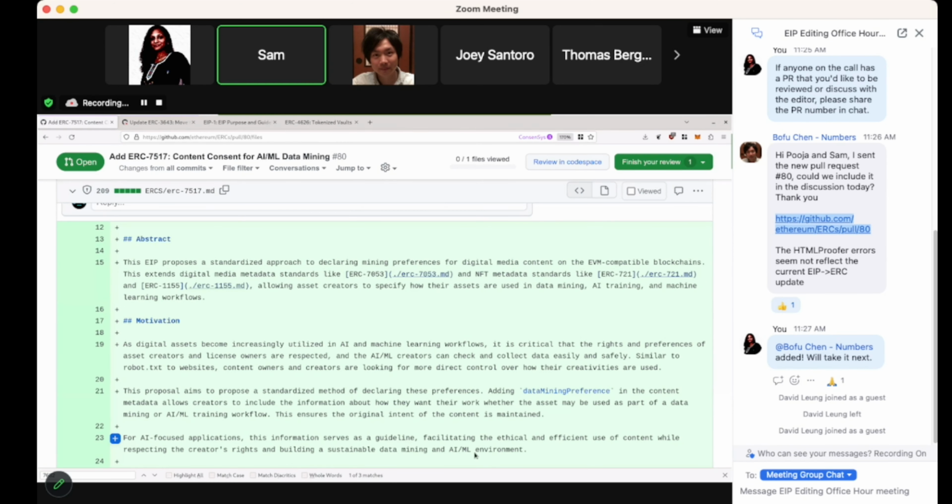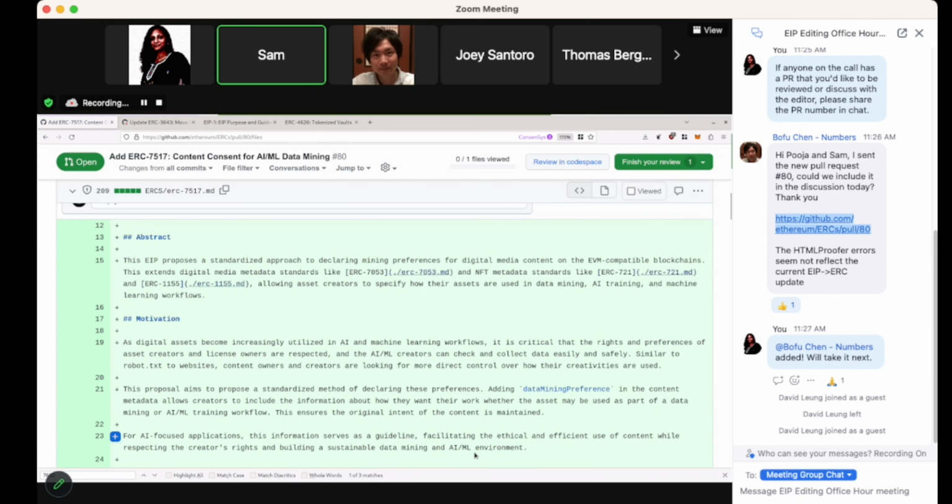Oh, and 1155. Okay. As digital assets become increasingly utilized in AI machine learning workflows, it's critical that the rights and preferences of creators and license owners are respected. And yeah, so similar to robot detection websites, content owners and creators are looking for more direct control over how their creativities are used.